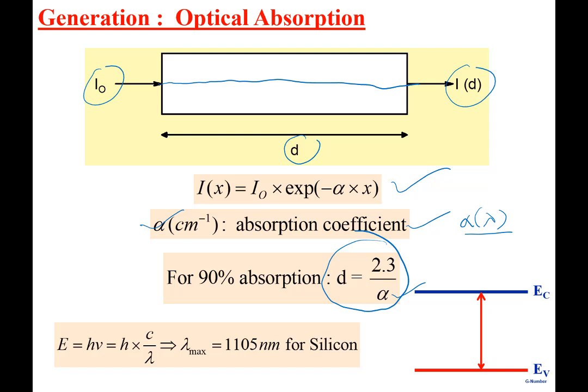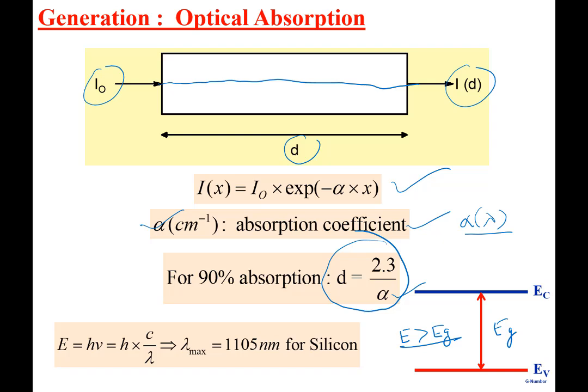One of the things that you know is that if I have a semiconductor like this and its band gap is Eg, then I'm only going to absorb photons with E greater than Eg, because for anything less than that, I don't have enough energy to promote electrons to the conduction band, so it will not get absorbed. So there is a cutoff wavelength.